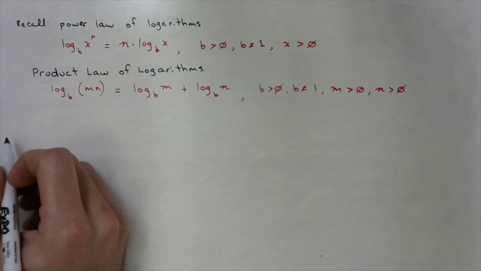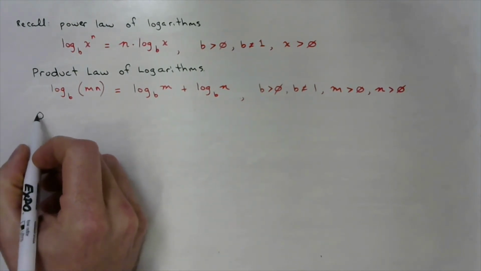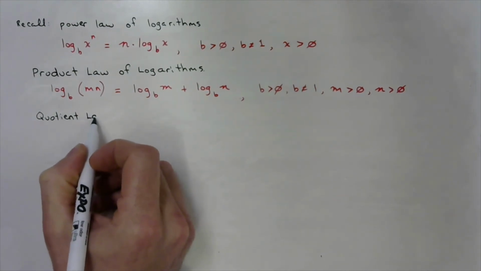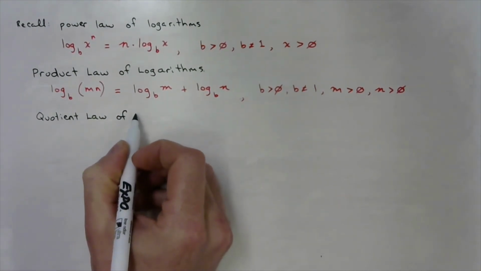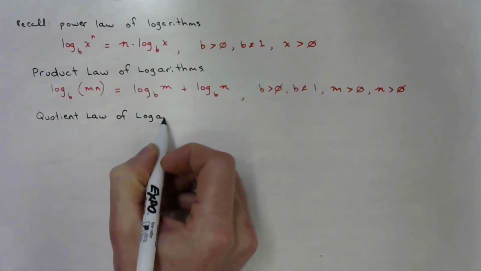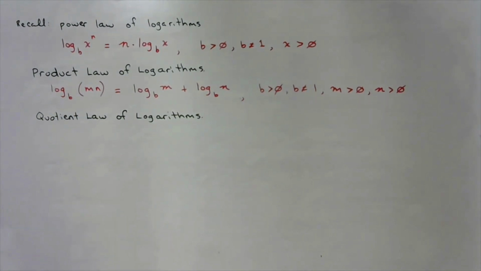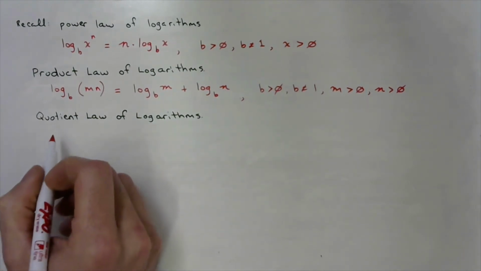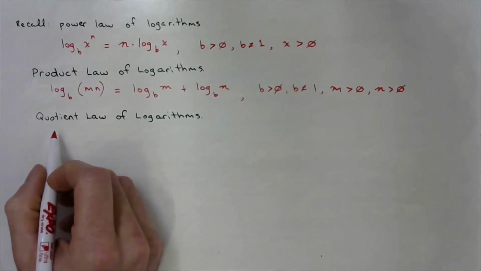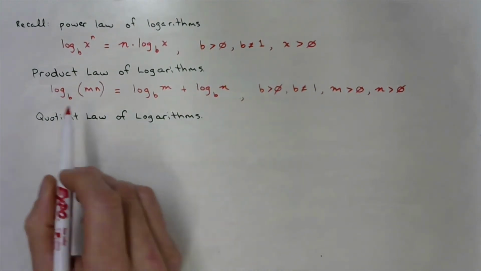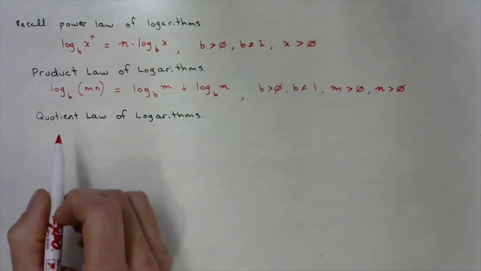The other law that we are going to be using is the quotient law of logarithms. You can probably take a pretty good guess at what it is if you look at the product law of logarithms and you're familiar with the product and quotient laws of exponents.